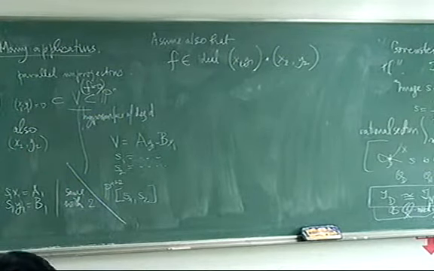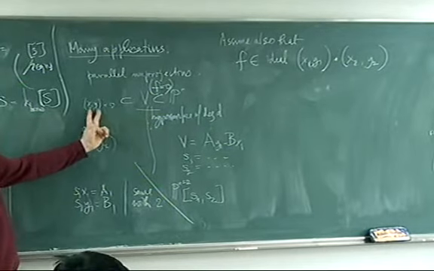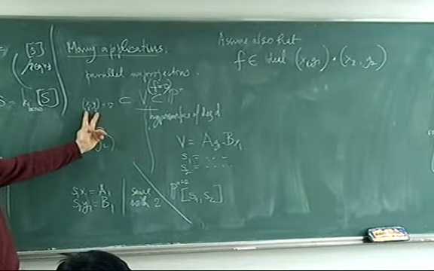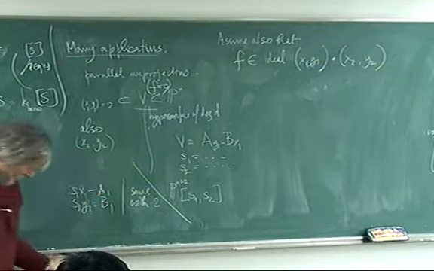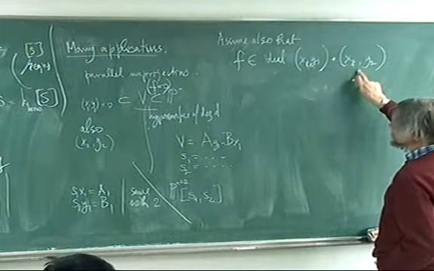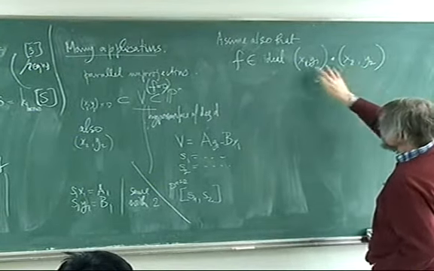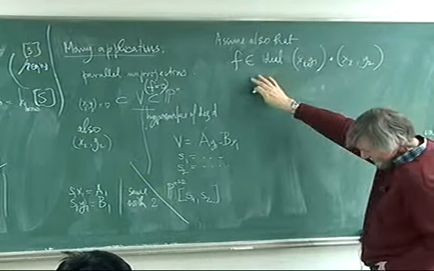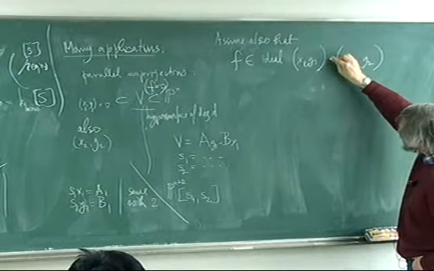So this is the parallel assumption, right? I don't know if you can understand what's happening here. I'm assuming that V contains this codimension 2 complete intersection x1, y1. I'm assuming also that it contains x2, y2. So by the rules, it contains the intersection of these two ideals. It's contained in this one and it's contained in this one, so it's contained in the intersection. So the thing I want, in addition, is that it's contained in the product.